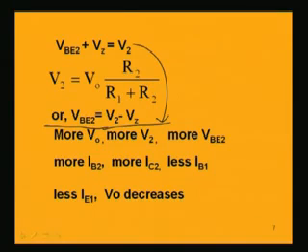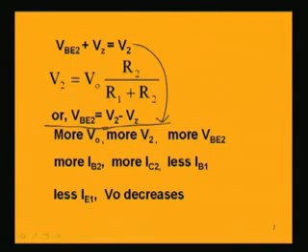The output voltage V0 is increasing. Now if V0 increases, what will happen? More V0 means V2 will be more, because V2 is nothing but the voltage division across resistance R2. The voltage available will also be more if the voltage V0 is more.